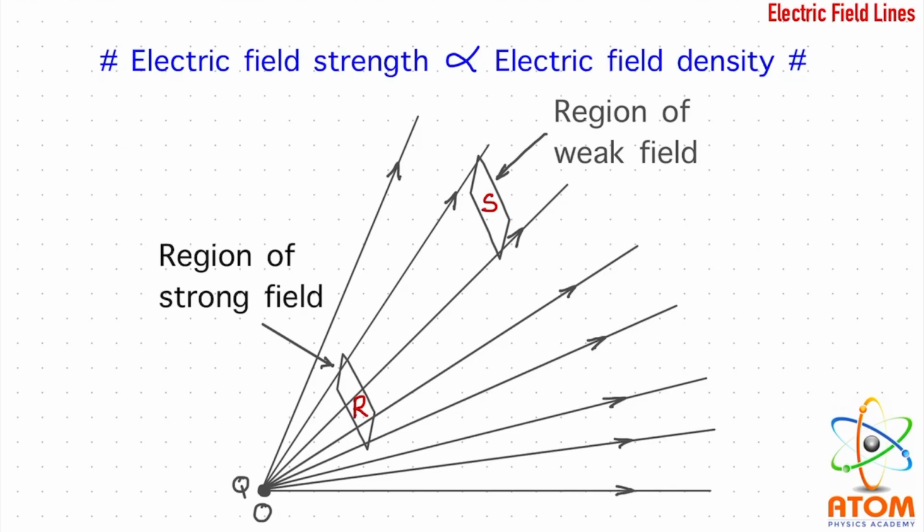Now imagine two equal area elements R and S. They are equal area elements and they are normal to the electric field lines. Here we can see the number of electric field lines passing through R is more than the number passing through S. That's why it is obvious that the electric field is stronger at R than at S.